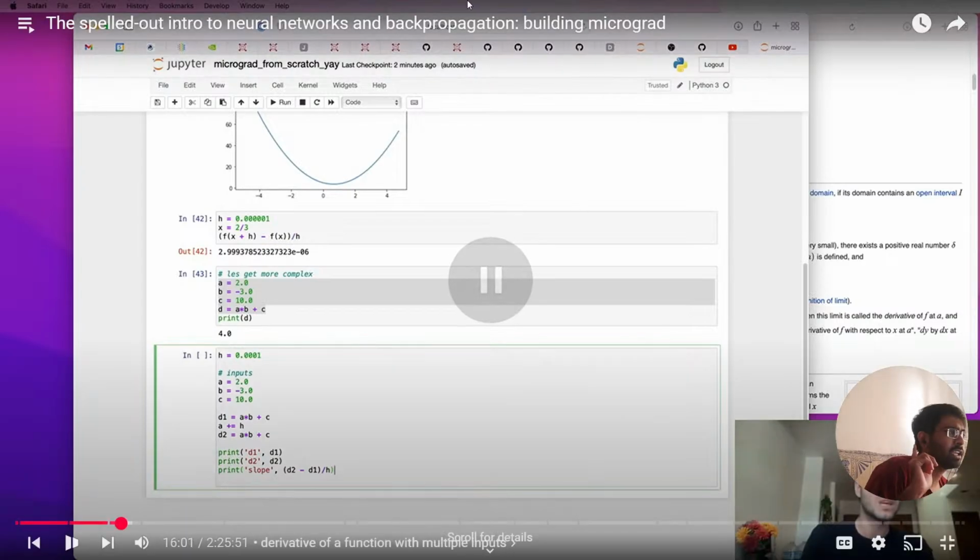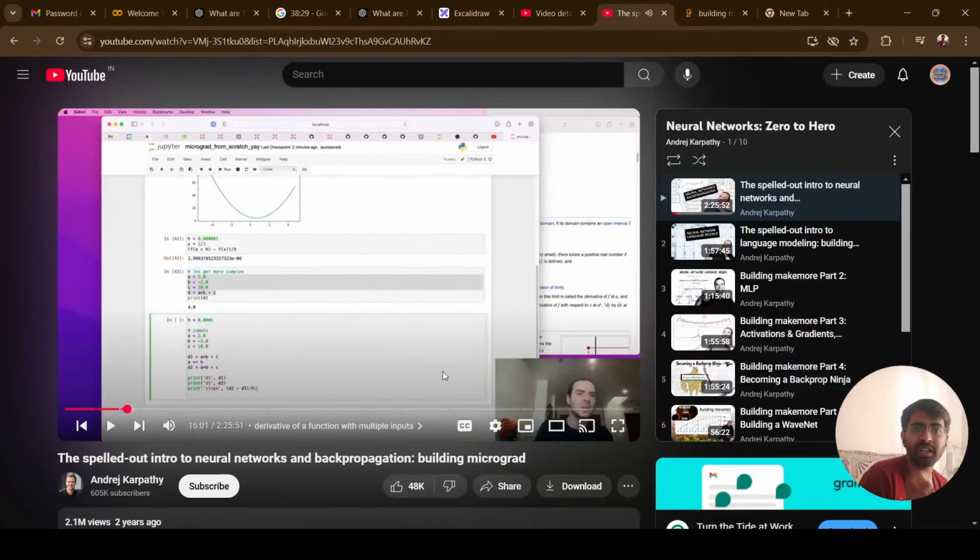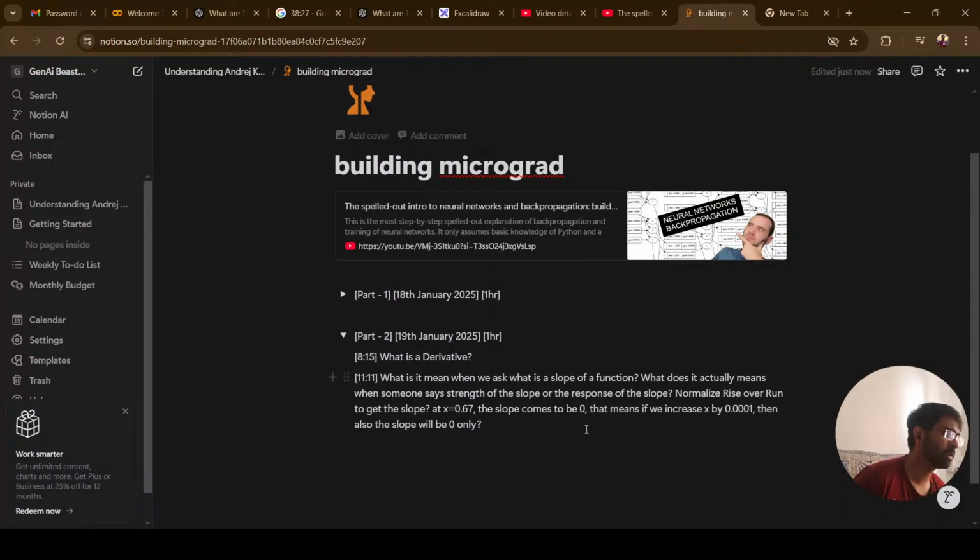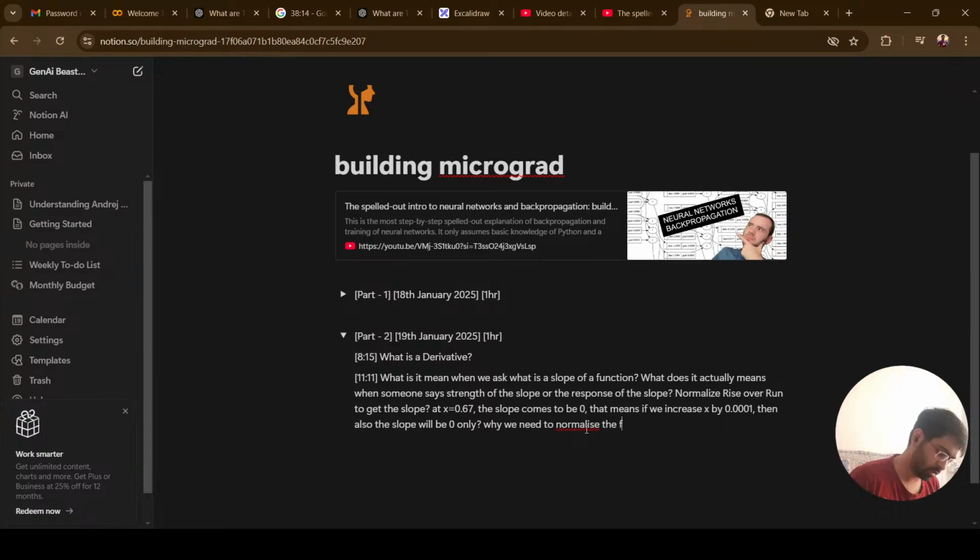Yeah, so I still don't know why we are dividing this by h. I don't know the term. Why we need to normalize the function value by the increased value, by the tweaked value.